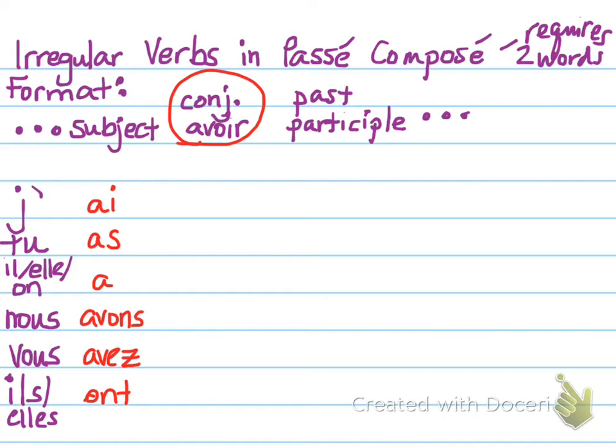The issue is, typically, if we have an irregular verb, our past participle is also going to be irregular. So there are some irregular verbs that you've learned along the way. Typically, if it's an irregular verb, it means we're going to have an irregular past participle.